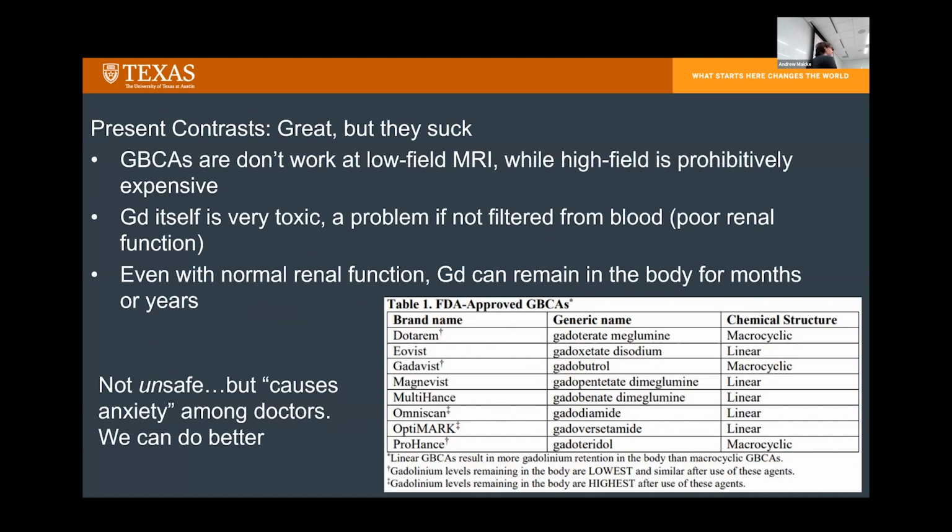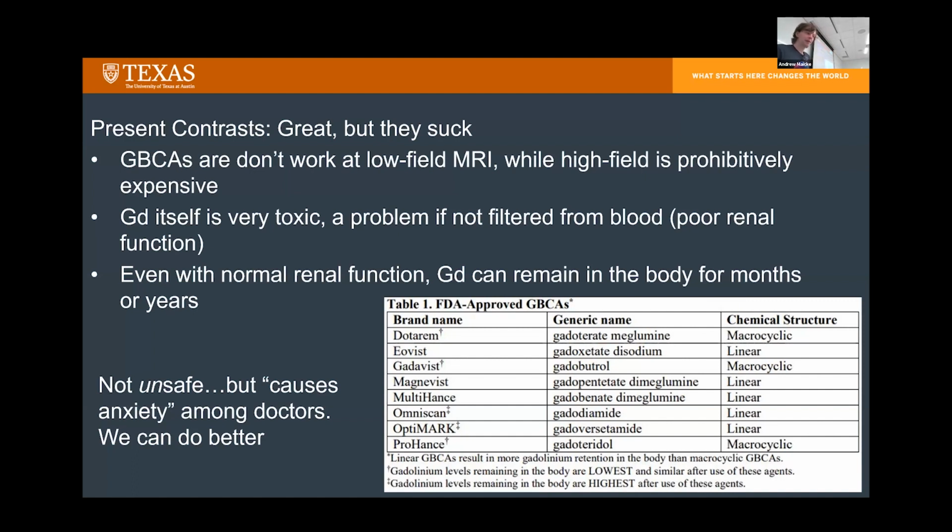Gadolinium itself is pretty toxic, and while the contrast agents bind it to reduce its toxicity, more and more studies have been coming out about it. I read a review from Health and Human Services that quoted doctors as being anxious about it. So it's not unsafe, but we could do better. We could come up with something else.